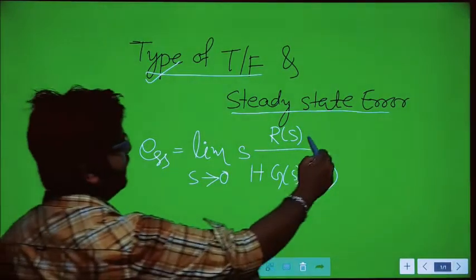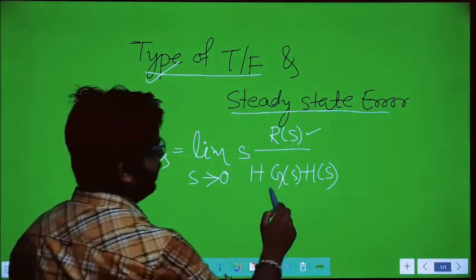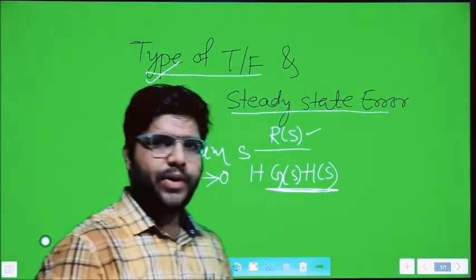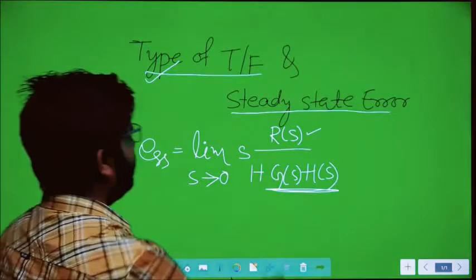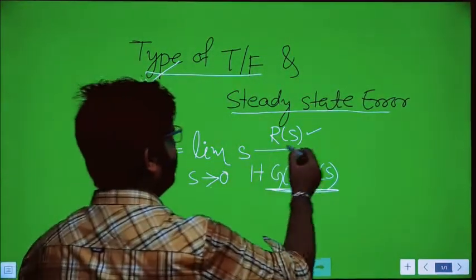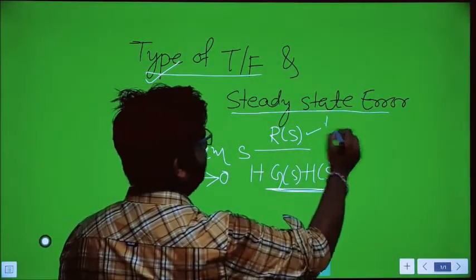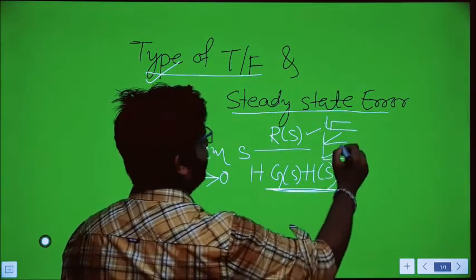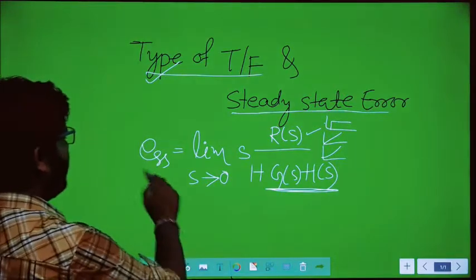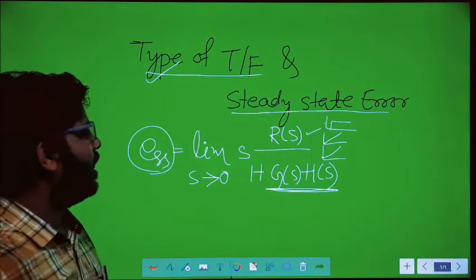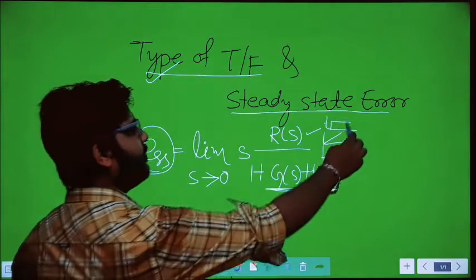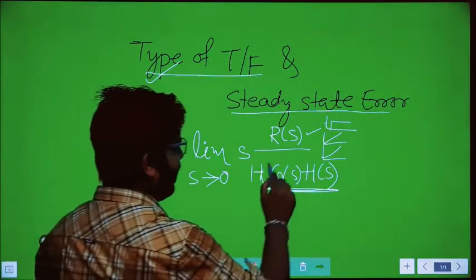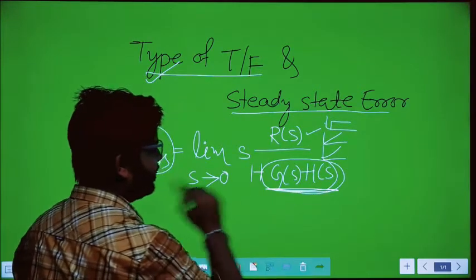Here R stands for the input, and G(s) and H(s) is the open loop transfer function. We have studied with respect to different inputs: step input, ramp input, then parabolic input. We have studied the ESS, the error with respect to different types of input. But what happens if my transfer function changes?